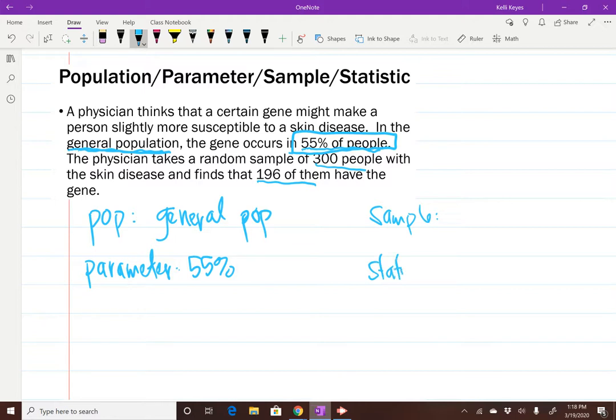So our sample is the random sample of 300 people, right? And then the statistic is the 196 of them that have the gene. All right, so parameter describes the population, statistic describes the sample.